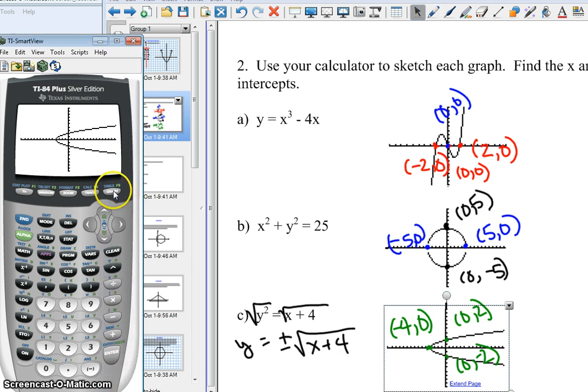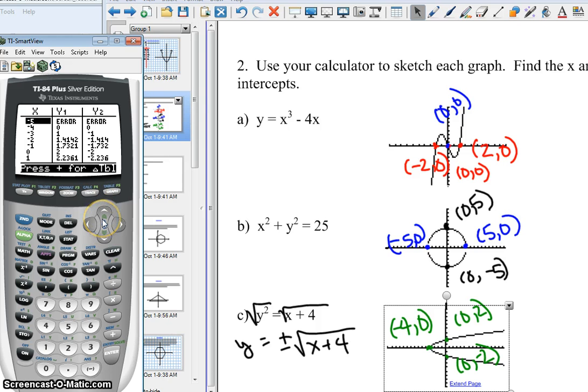And again, you can see those in the table: there's the 0, 2 and the 0, negative 2, and then there's the negative 4, 0. So the table is probably the easiest way to do those. Let's go ahead and go to the next page.